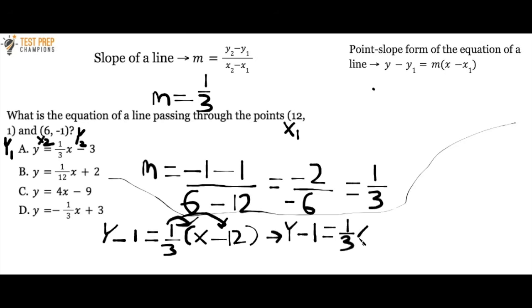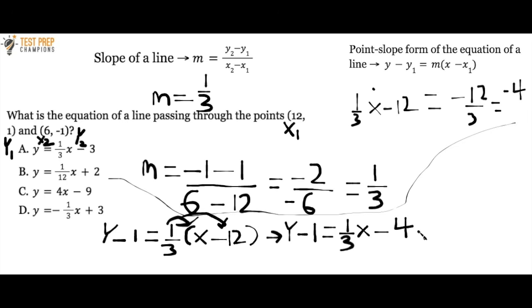So I'll have 1/3 times x minus, and 1/3 times negative 12 simplifies down to 4. If you're wondering why that makes sense, 1/3 times negative 12 is negative 12 over 3, which simplifies to negative 4 because negative 12 divided by 3 is negative 4.